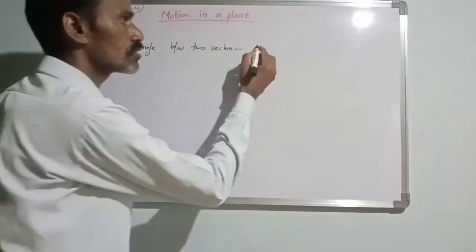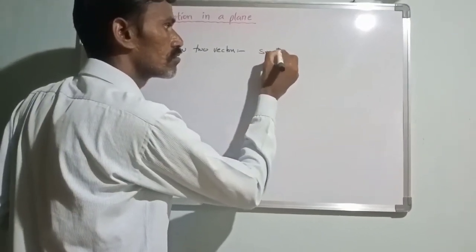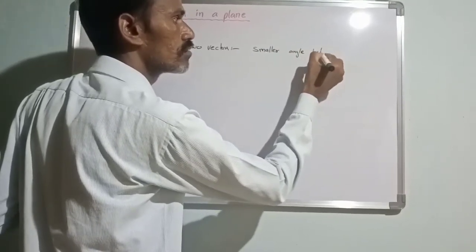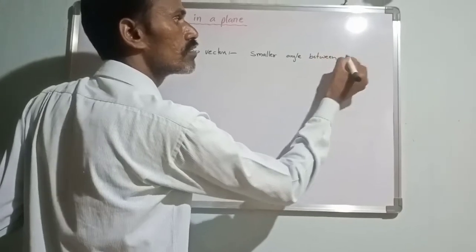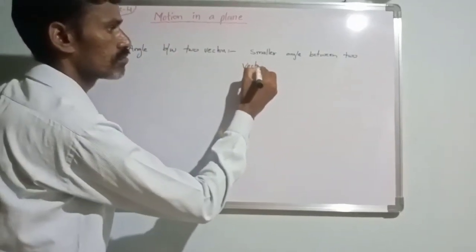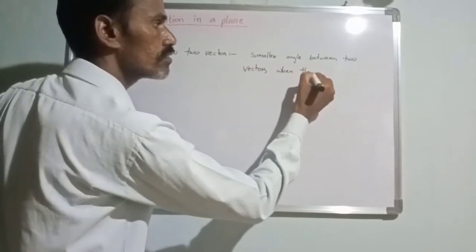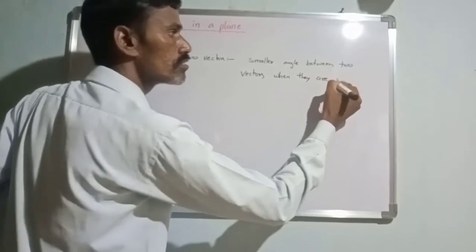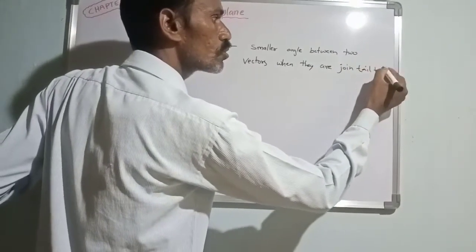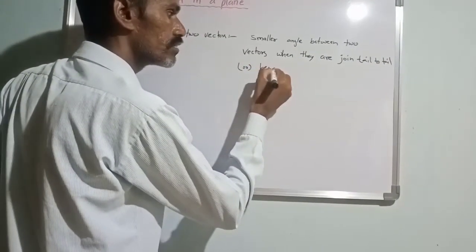The angle between two vectors is the smaller angle between two vectors when they are joined tail to tail or head to head.